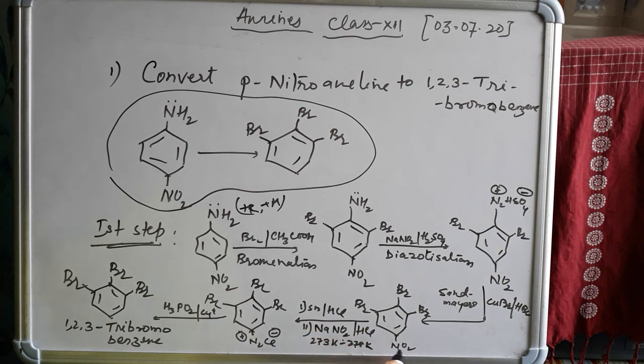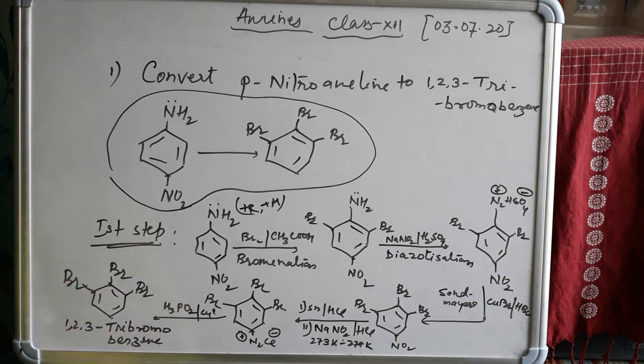The reduction of this group takes place in presence of Sn/HCl, and here amine comes, meaning the NH2 group. When NH2 is treated with NaNO2 in HCl, we get diazonium chloride. And H3PO2, we know, is self-oxidized and reduces this group, so we get the arene.